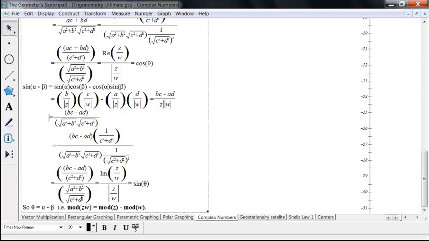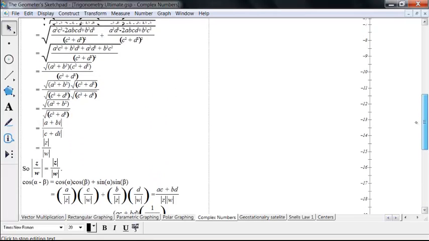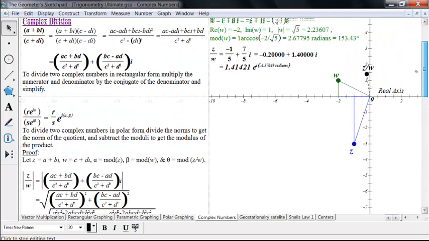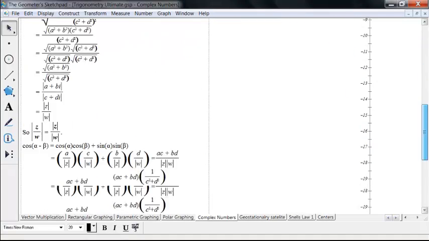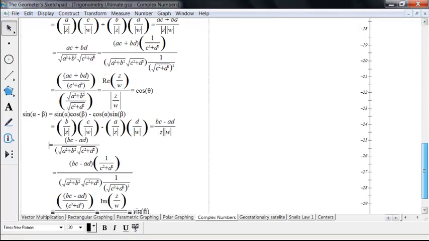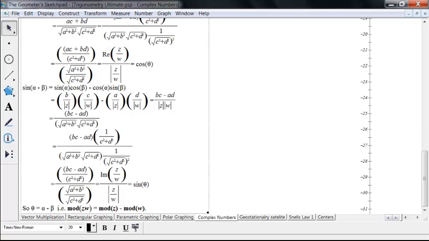Just like last time, that denominator is the norm of z over norm of w. But this time, bc minus ad over c squared plus d squared, that's the imaginary part of the quotient. So that's the imaginary part of the quotient over the norm of the quotient. Well, that's exactly the sine of the angle.